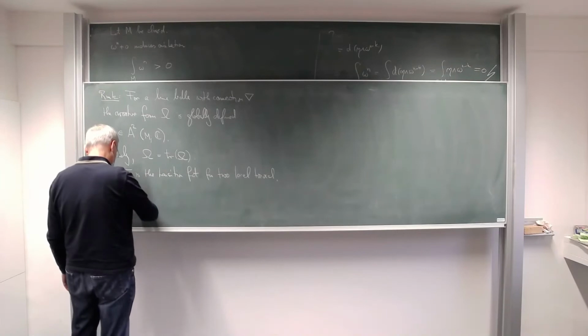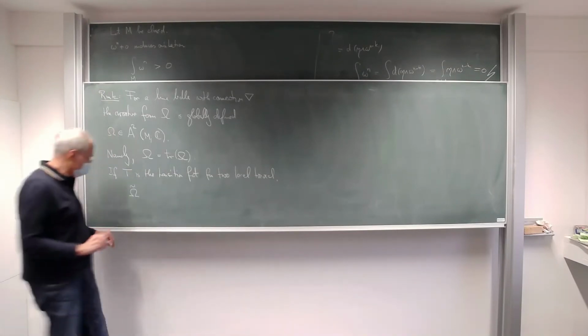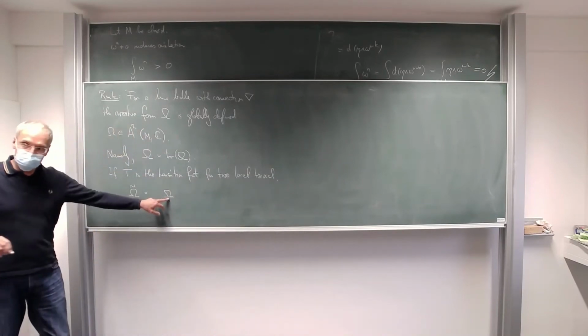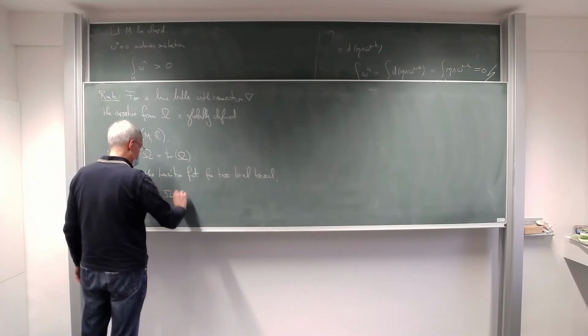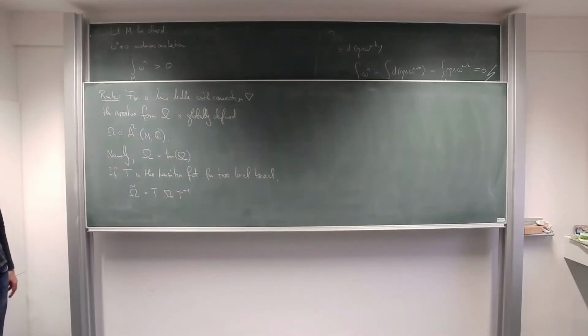So you have a curvature form for one trivialization, a curvature form for the other trivialization, and then we have this formula for the change of the matrix.